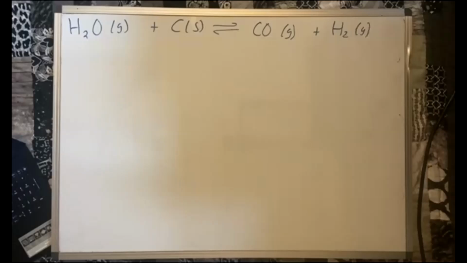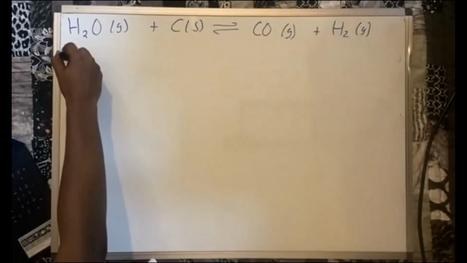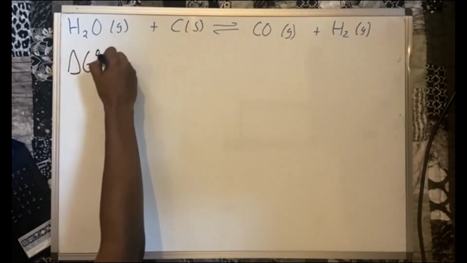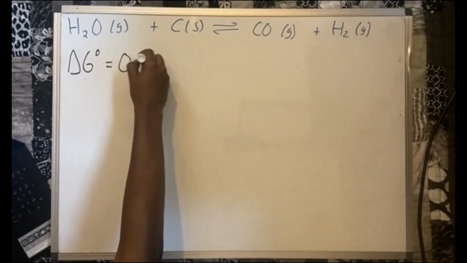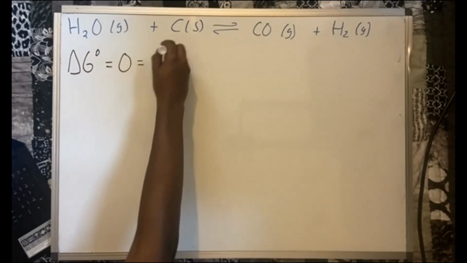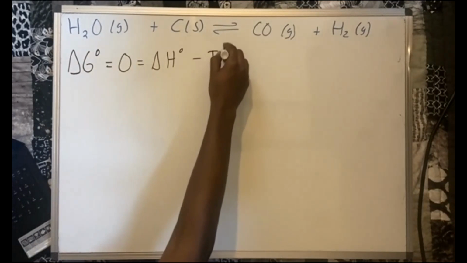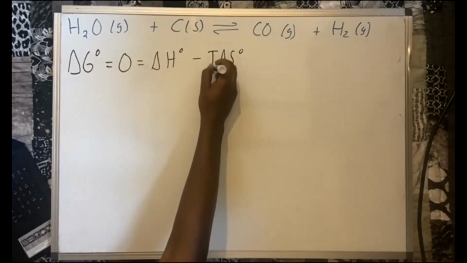Stop that for right now. We'll go back. So I need to know when delta G equals 0. Or in any case, when does delta H naught minus T delta S naught equal 0? And T is our variable, right?